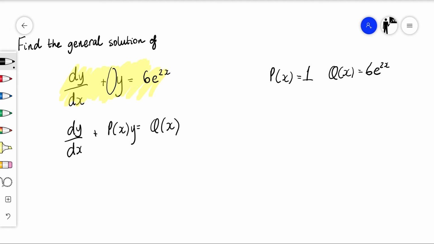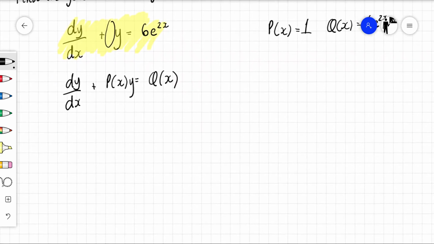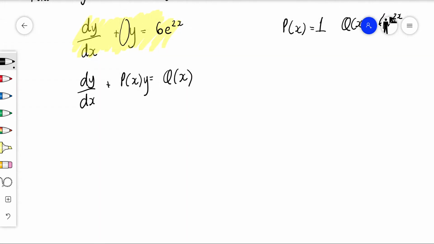In order to solve this differential equation, we're going to need to identify our integrating factor. That is sometimes denoted as I of x or mu of x. I'm going to use mu of x.